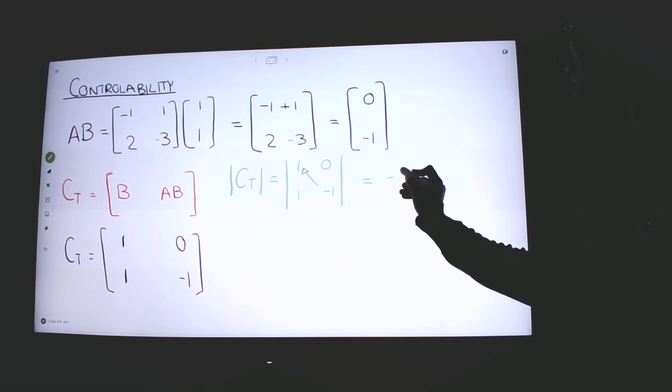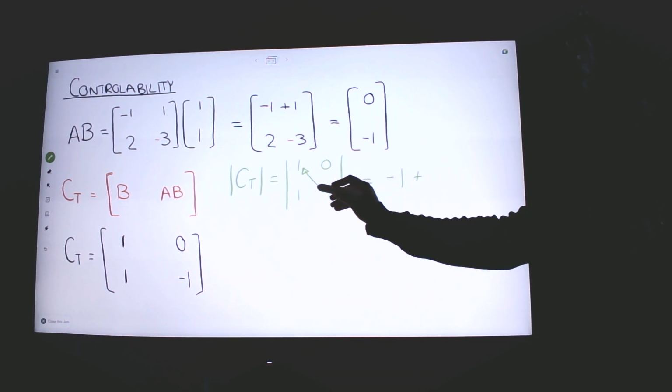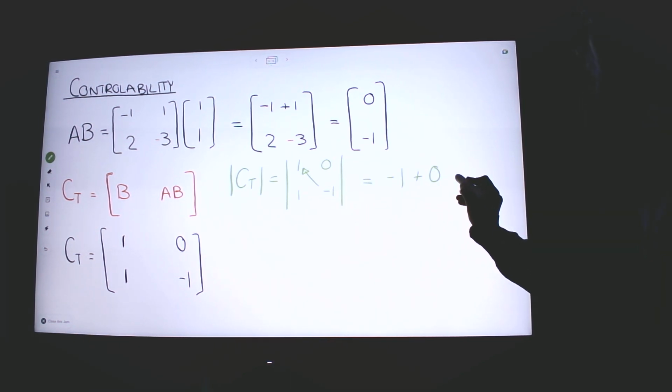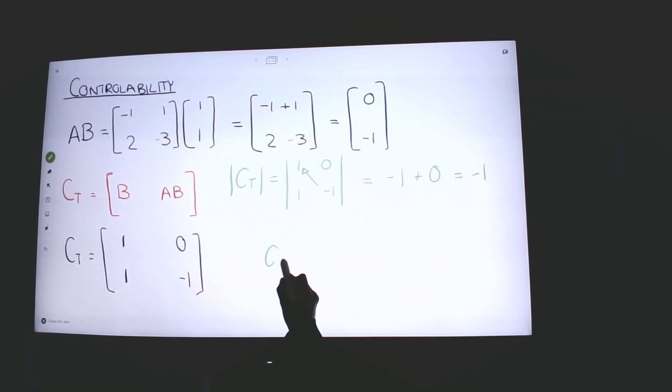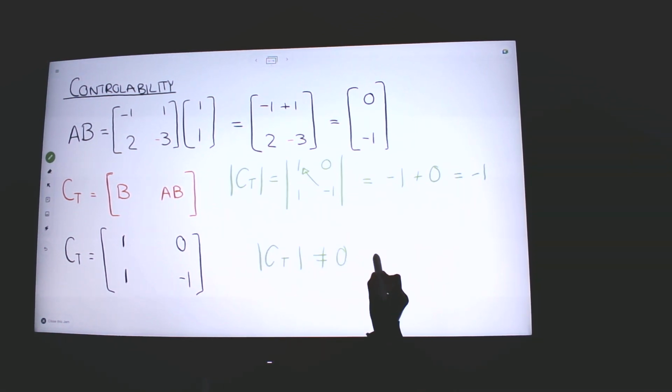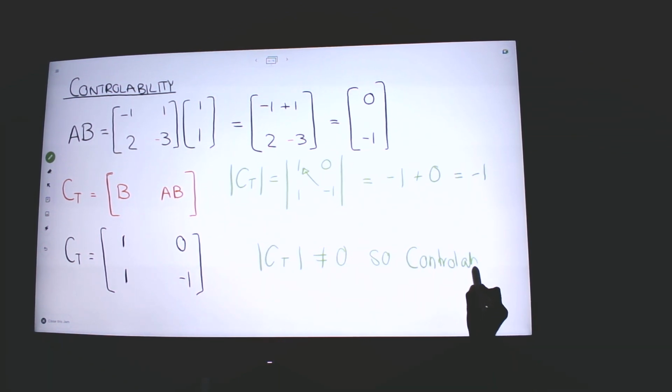So that is minus 1 minus 1 times 0, which is 0. So the determinant is minus 1. Now the determinant of this matrix is non-zero. So if the determinant is non-zero, it's controllable. The system is controllable.